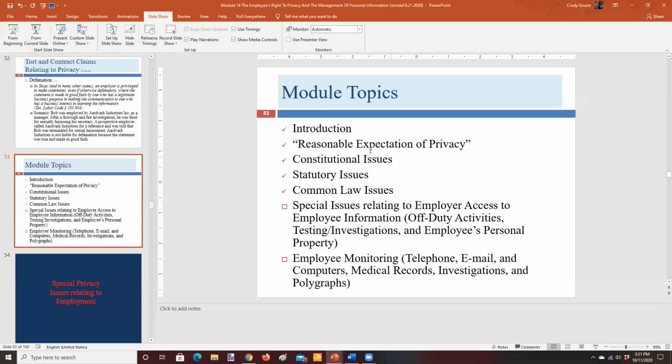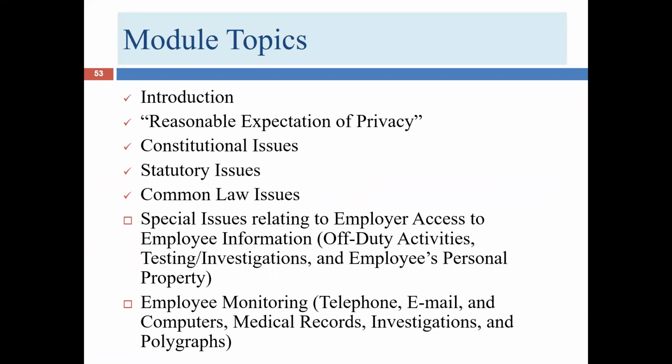So at this time, we've covered in our first lecture a general introduction to the topic of privacy. We just introduced the concept of the reasonable expectation of privacy. And we did most of the discussion of constitutional issues related really to government employment.